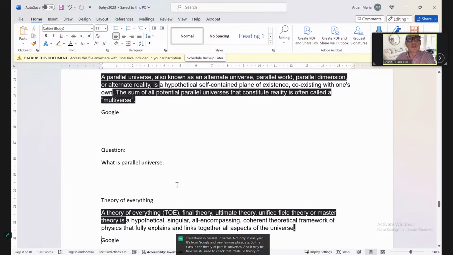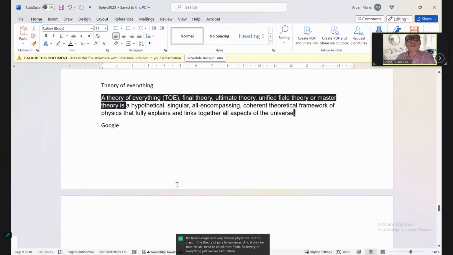So theory of everything, just like we said before, it's the ultimate theory, unified field theory, or master theory. It is a hypothetical, singular, all-encompassing, coherent theoretical framework of physics that fully explains and links together all aspects of the universe.